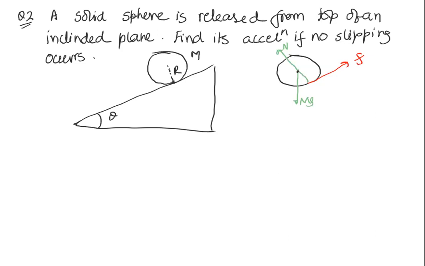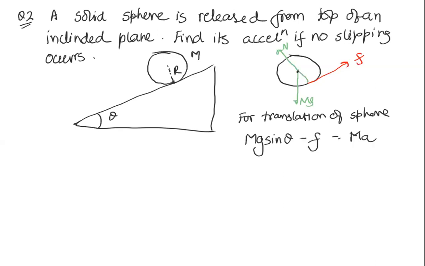We say now, for the translation of the sphere, we have mg sin theta minus f is equal to.